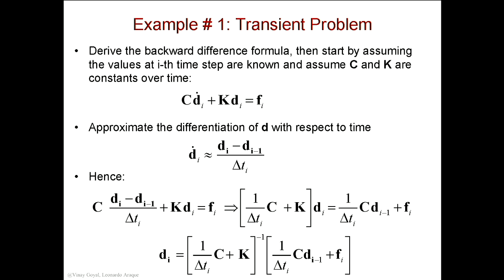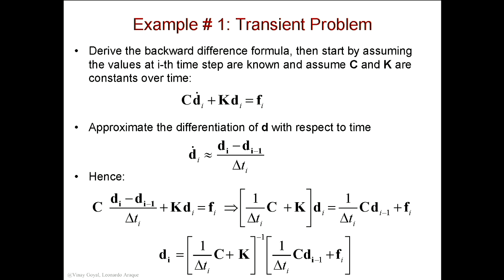Hey, let's just apply the easiest one. We can just derive the backward difference formula. Let's just do that, okay? So let's pretend that this is true at the current time. That's all I'm saying. So D dot can be, do you agree I can approximate it using the slope between the previous time and the current time?